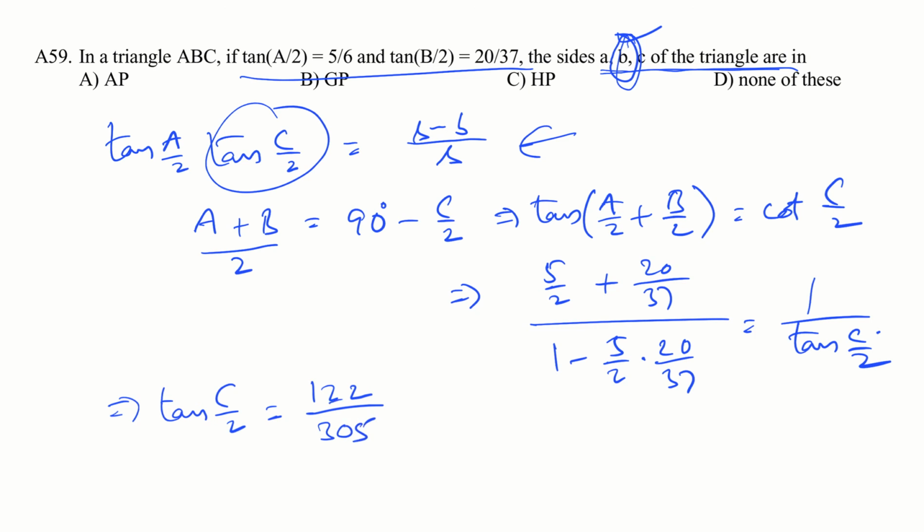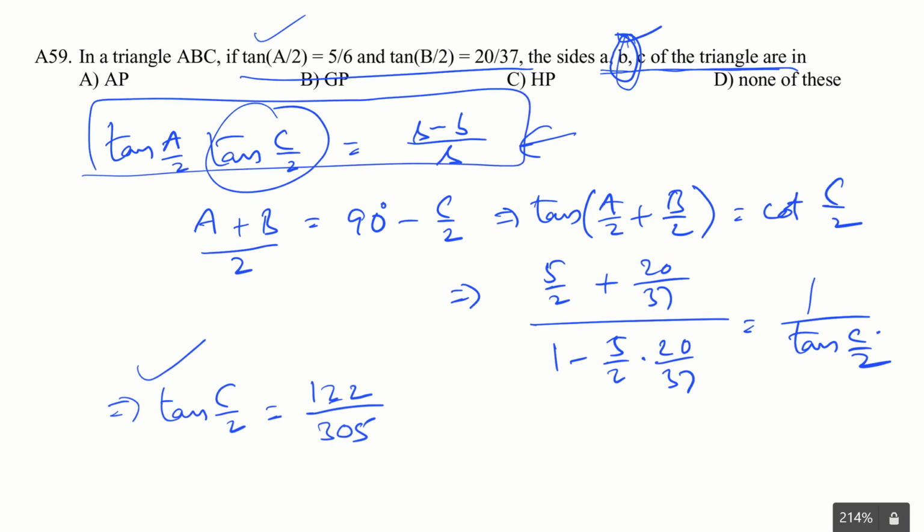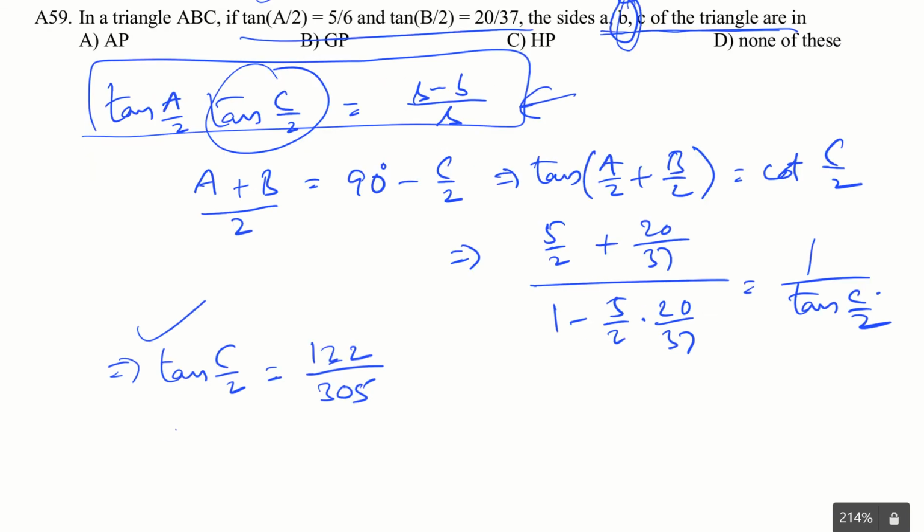Now we use this tan C by 2 value and tan A by 2 value in this formula. So I will have 5 by 6 into 122 by 305 is equal to (S minus B) by S. For convenience, I multiply numerator and denominator by 2 here.